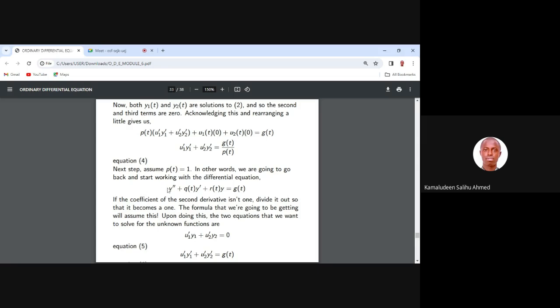Whatever number you have there, you must divide it across all terms for it to be standing alone. So the formula that we are going to get will assume this. Upon doing this, the two equations that we want to solve for the unknown functions are, so this, don't forget, we already have this equal to 0.